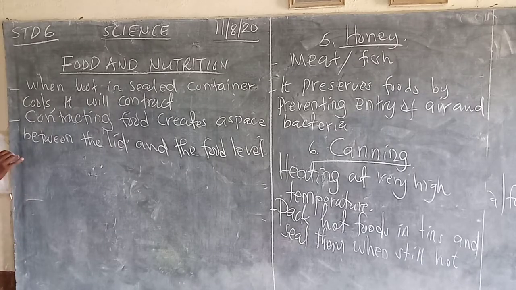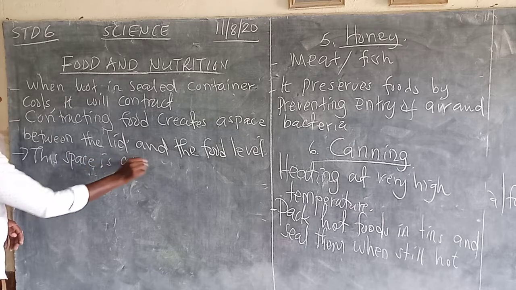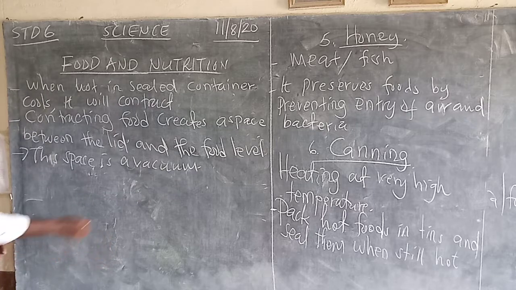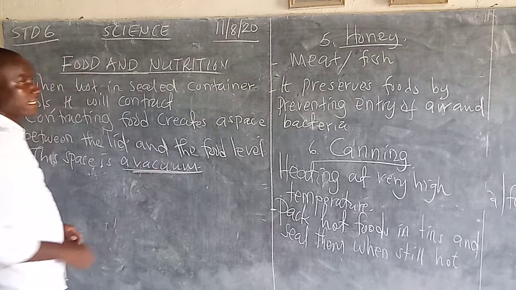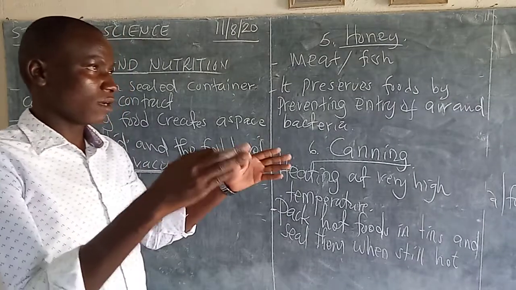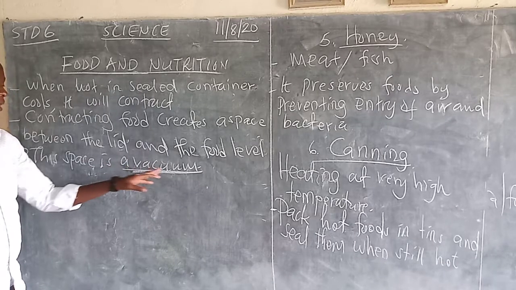So this space is a vacuum. Being a vacuum, that means that nothing can survive there. Living things need a space where you have air. Without air, there will be no survival. It will suffocate. So nothing can survive there.